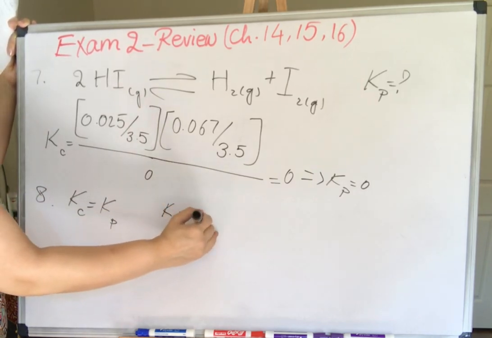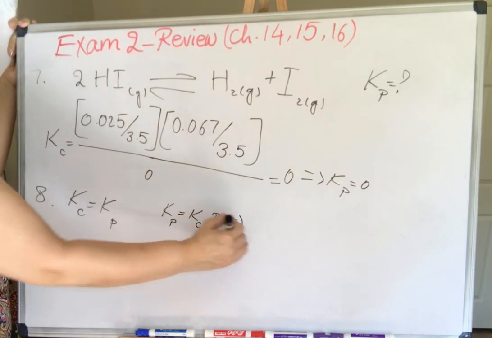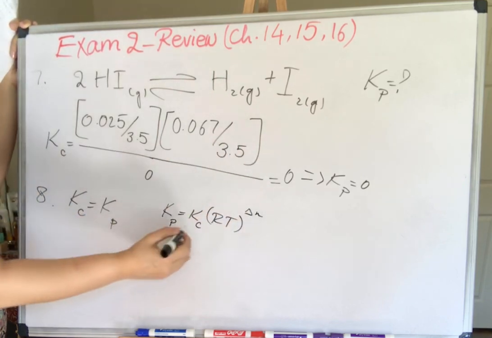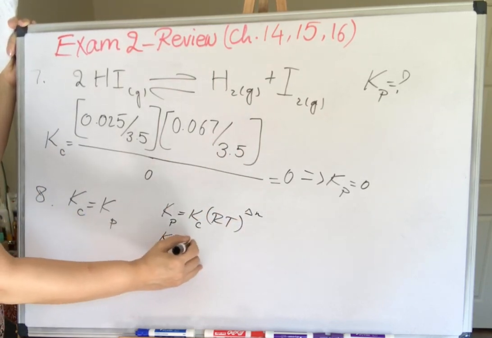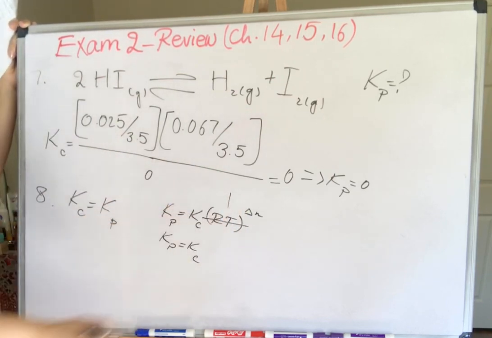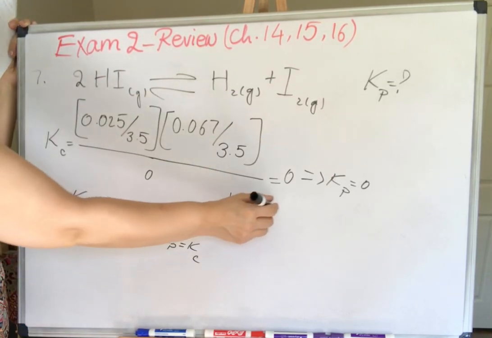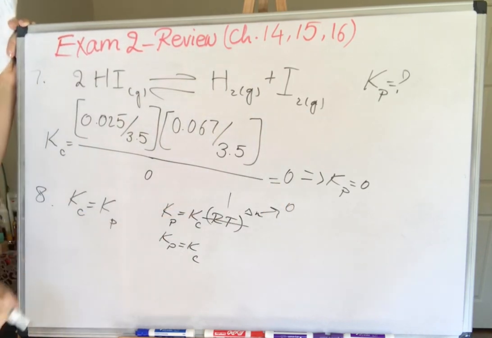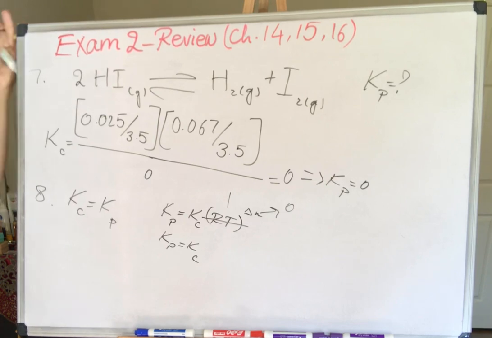Kp is Kc times RT to the delta N, right? When do you have Kp equal to Kc? When this is going to be 1, when delta N is 0. So find the equation where the delta N is 0.